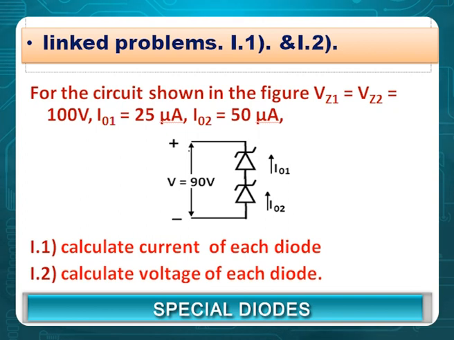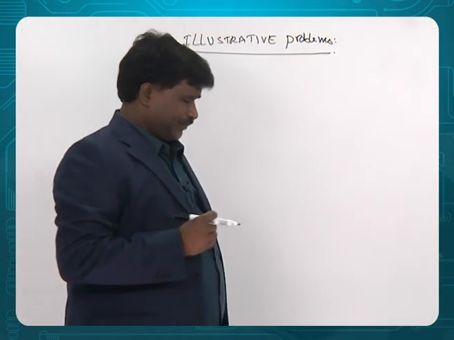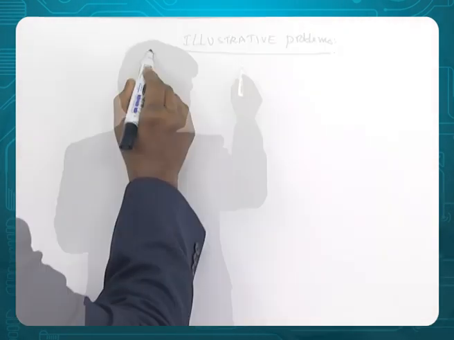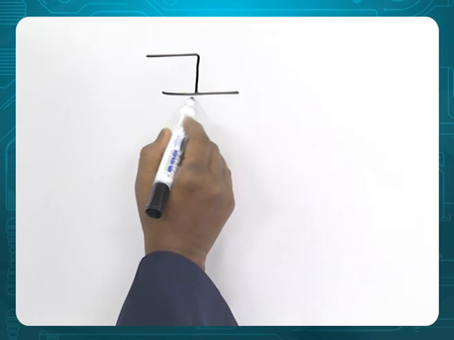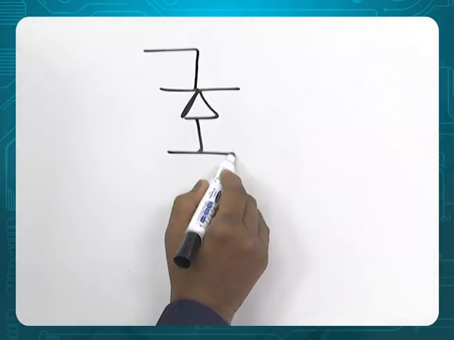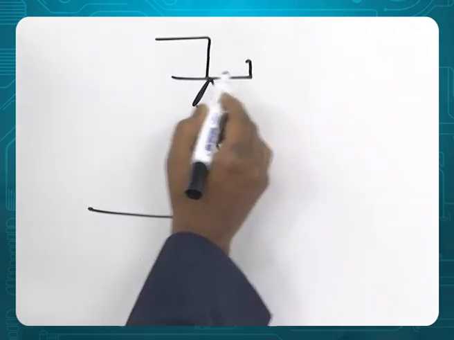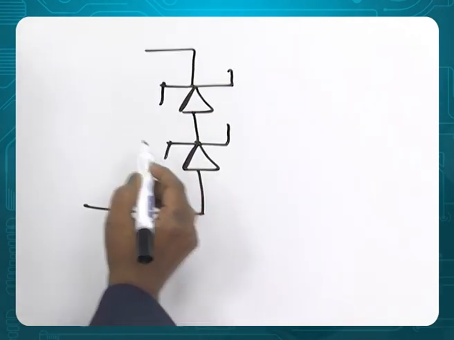That's the problem given, and I call it a linked problem because the answer for the first one will go as data for the second one. Let's take this problem. The circuit goes like this. Here is a diode, another diode, Zener diodes.